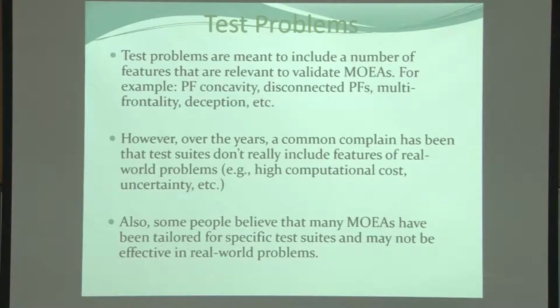There have been stories about people who tailor their algorithms for specific test suites, and therefore these algorithms are very good for the test suites and not that good for real-world problems. That is, of course, true. Many people know, for example, NSGA-II is very good in the DTLZ problems, at least most of them. And other algorithms are probably not that good.